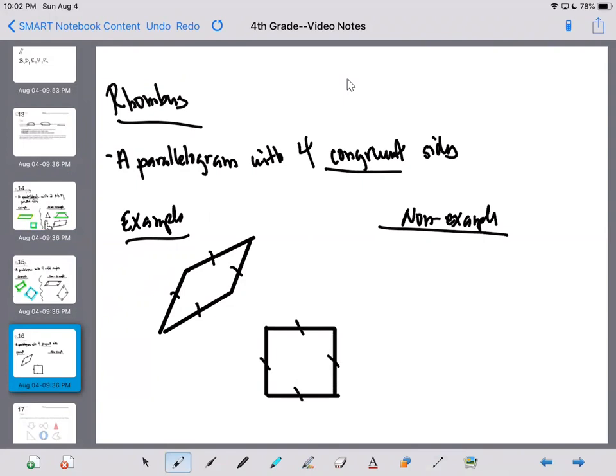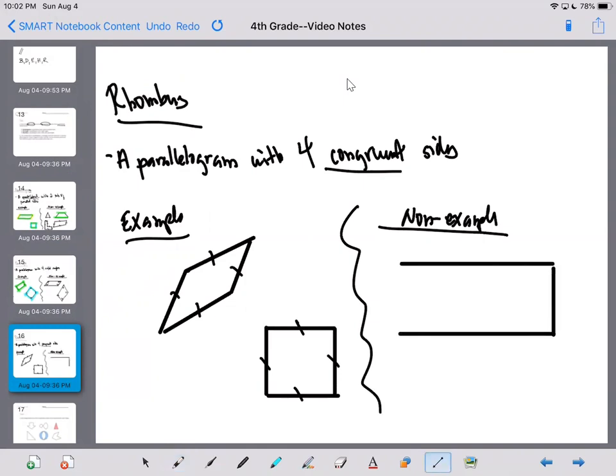It is a parallelogram. It does have 4 congruent sides. And that non-example would be something like this. A rectangle would not be a rhombus. A parallelogram as such would also not be a rhombus because it doesn't have the 4 congruent sides.